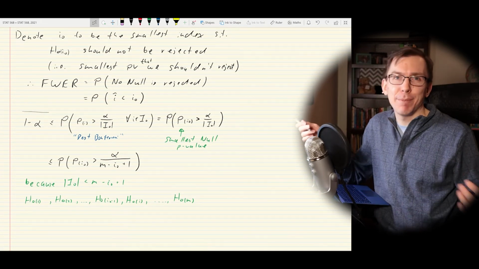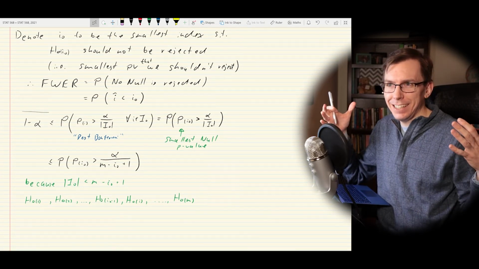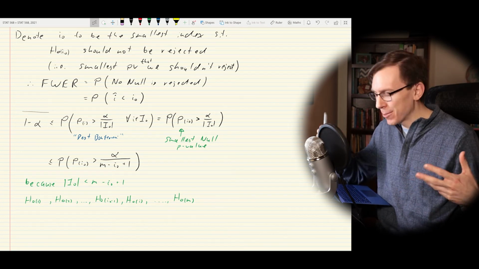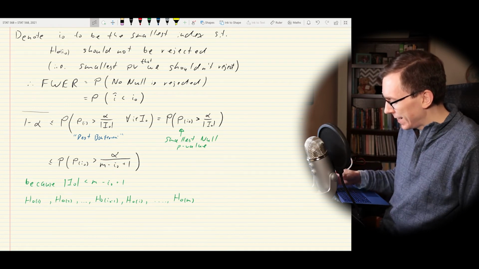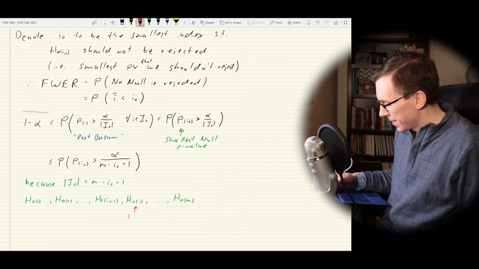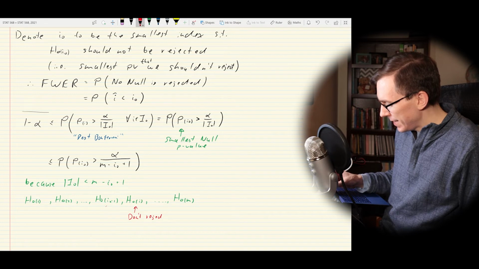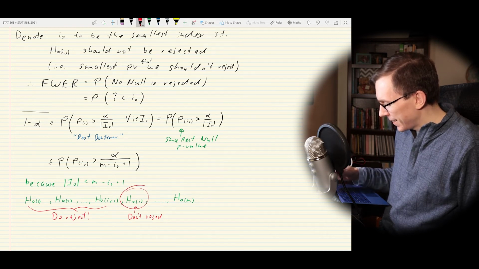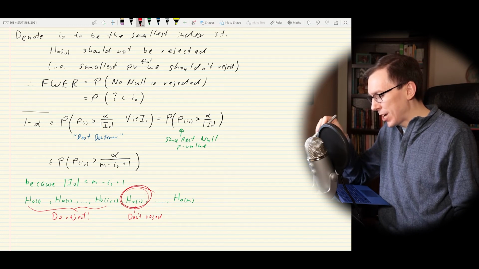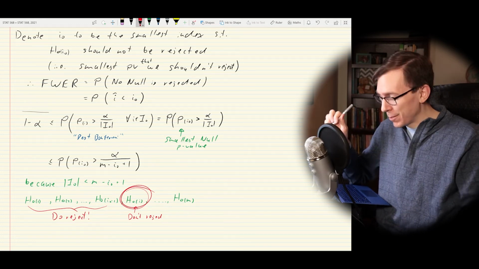And what is capital I naught? It is the collection of indices for those nulls that shouldn't be rejected. So what I'm saying is that this one is not rejected, but all of these are rejected, because this one here is the smallest index that should not be rejected, which means everything to the left of it should be rejected.